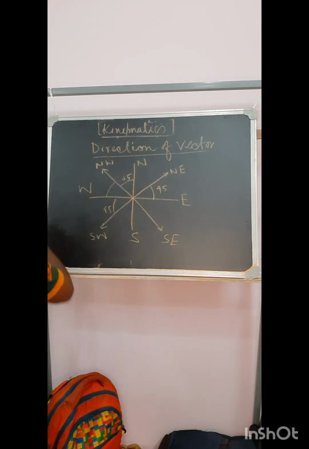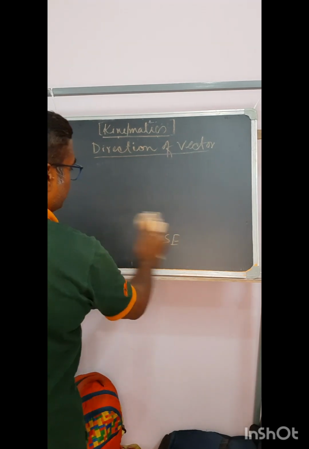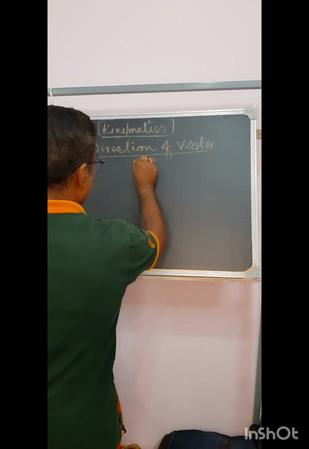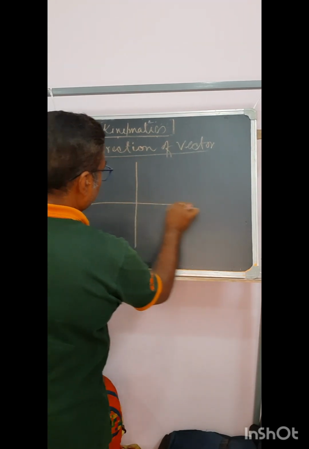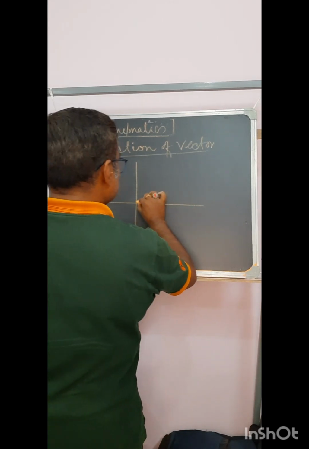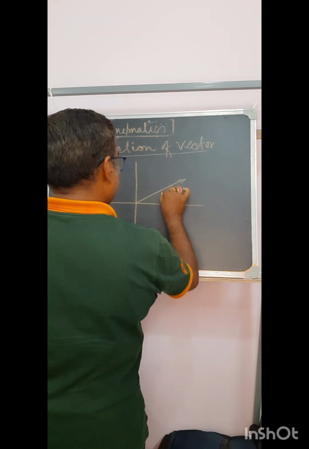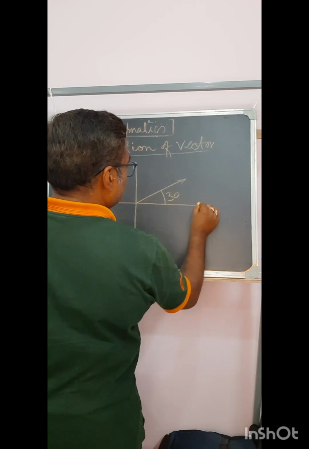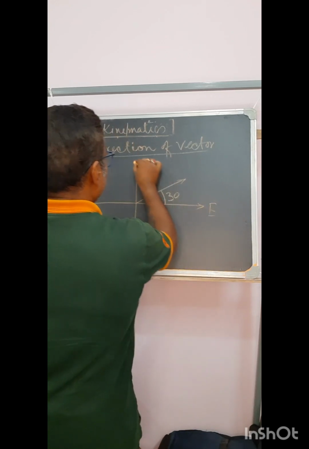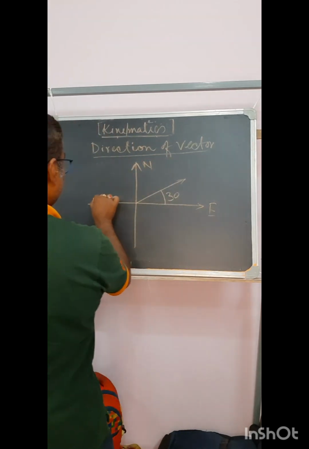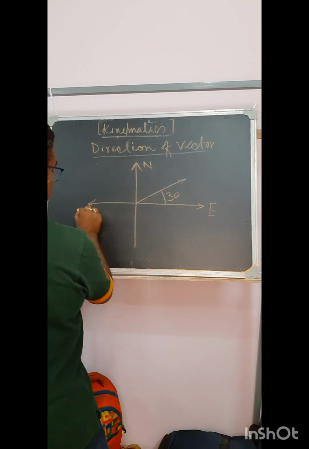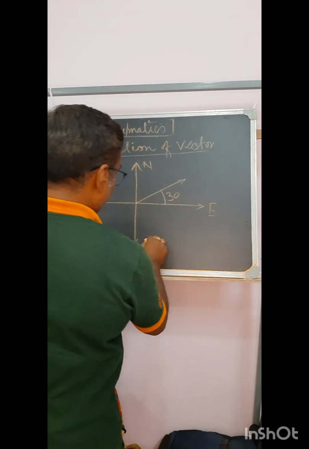Now let's say some condition arises where this angle is not 45 degrees, but any angle. How do you represent that? Let's say this vector makes 30 degrees with east. Then how will you say the direction? This is west, this is south.